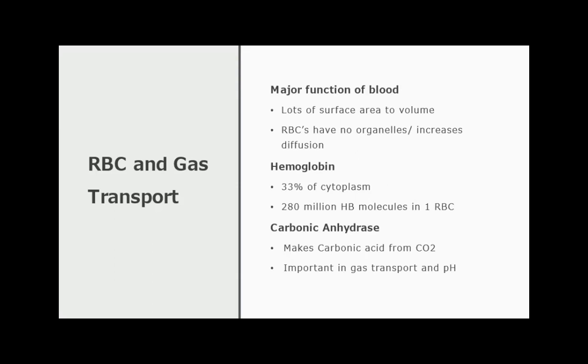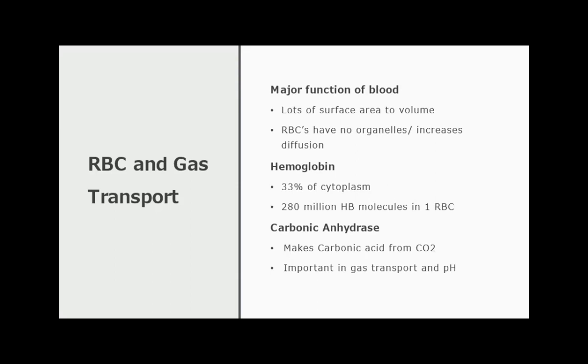For every red blood cell, you have 280 million hemoglobin molecules. Multiply that by 4. For every hemoglobin, it carries 4 oxygen. That is a massive load of oxygen within the body. And it makes sense.